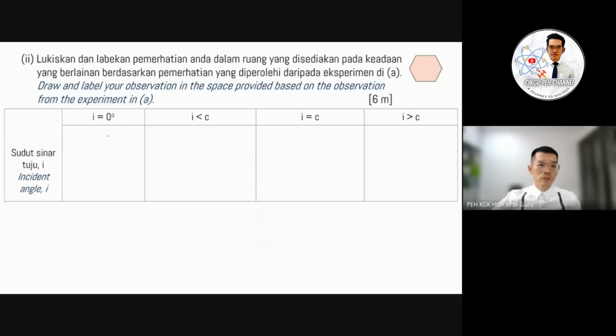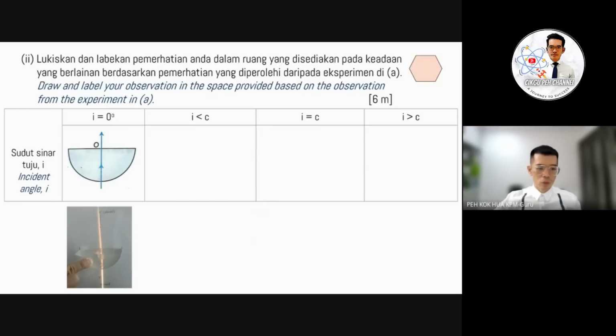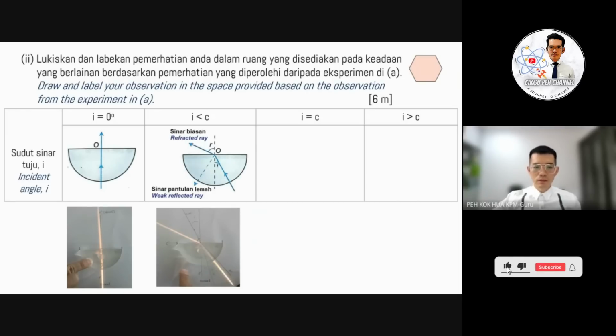And next, draw and label your observation in the space provided, based on the observation from the experiment in A. This is what you observe in your experiment. You may immediately draw your observation when you have already seen it in your experiment. Then when I is less than C, it will be like this. Here this is an incident ray, this is a refracted ray, and you can see this is a weak reflected ray.